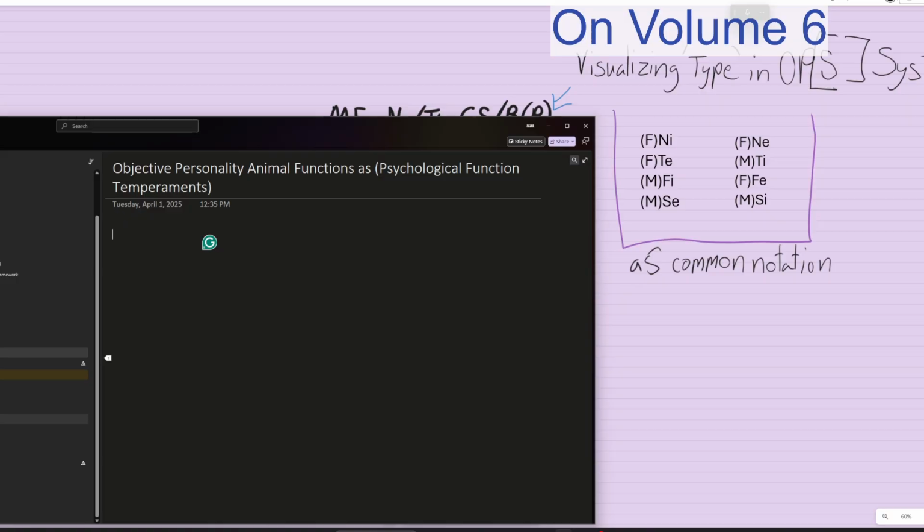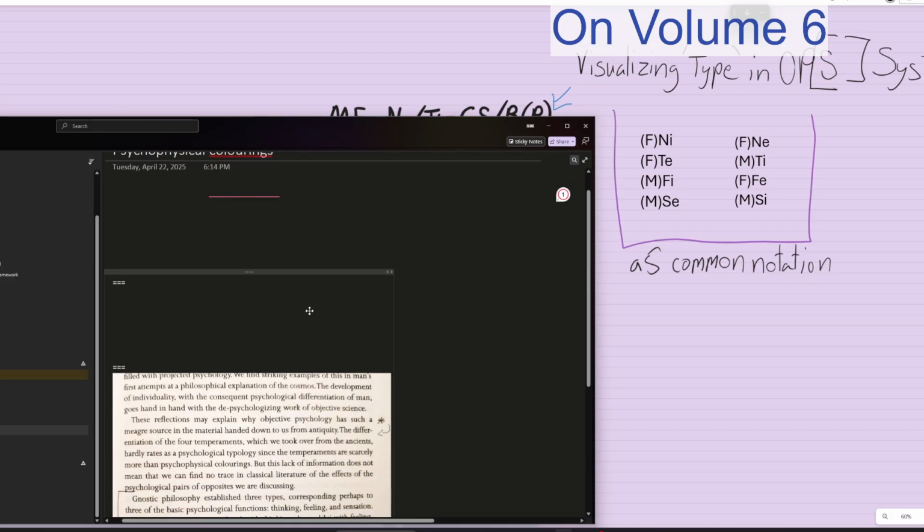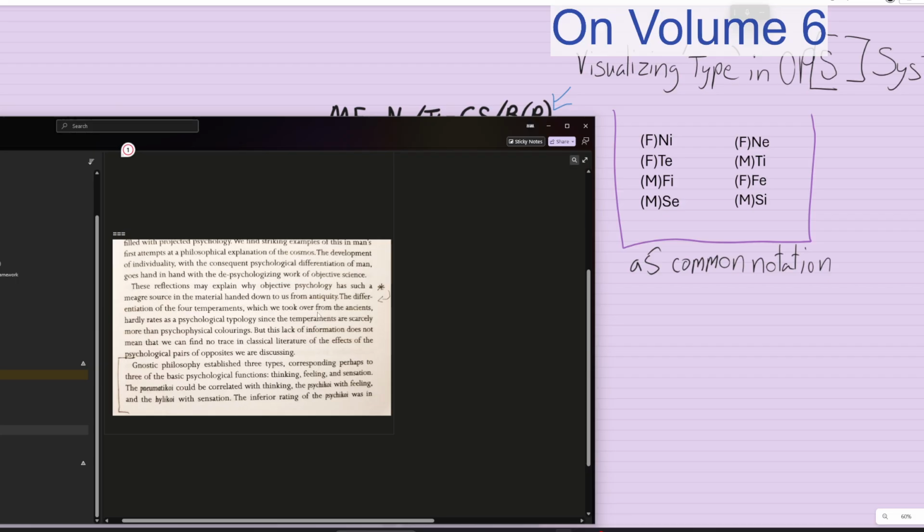Orthodox Jungian psychological functions as scarcely more than psychophysical colorings. "Though these reflections may explain why objective psychology has such a meager source in the material handed down to us from antiquity, the differentiation of the four temperaments, which we took over from the ancients, hardly rates as a psychological typology, since the temperaments are scarcely more than psychophysical colorings.